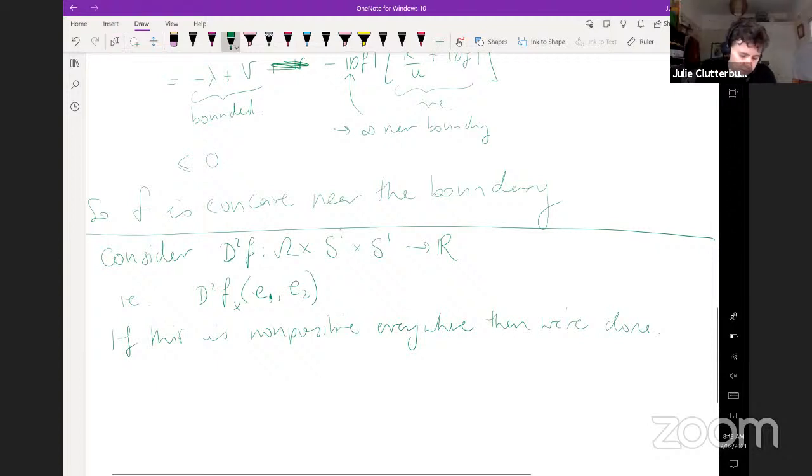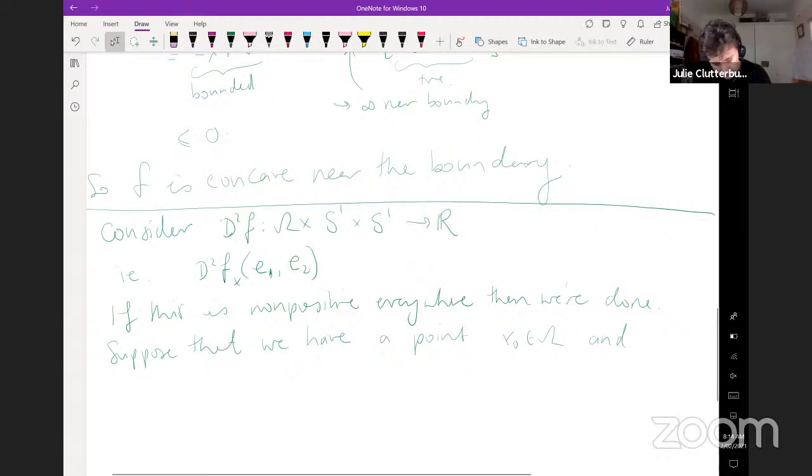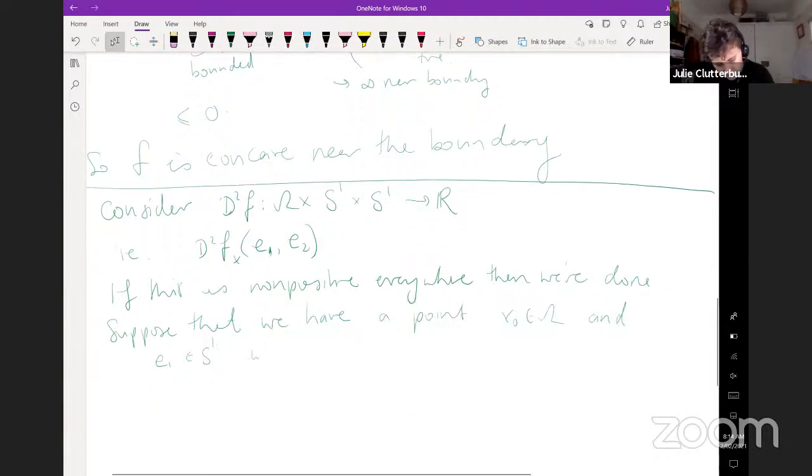Let's suppose that we have a point x0 in our domain, and some direction which we'll call E1, where this has a positive maximum.